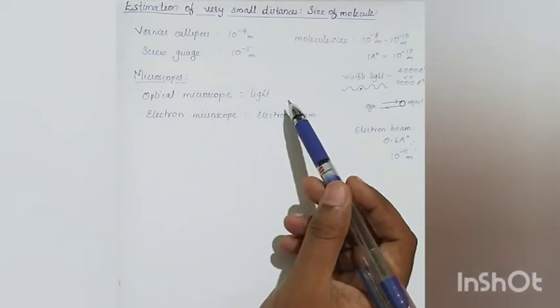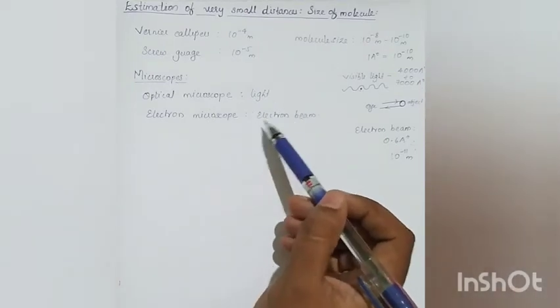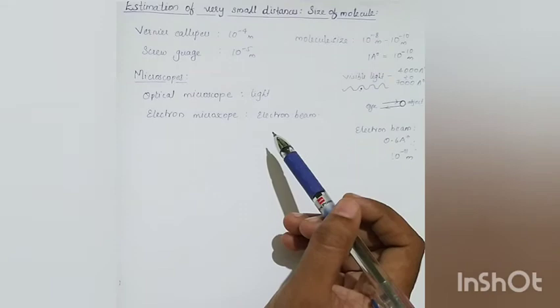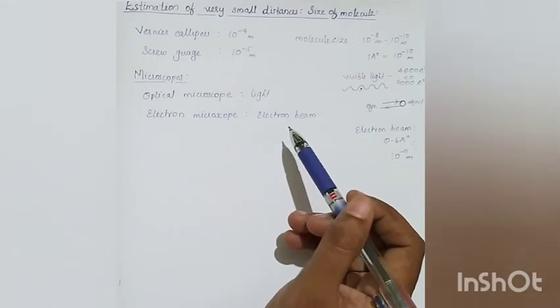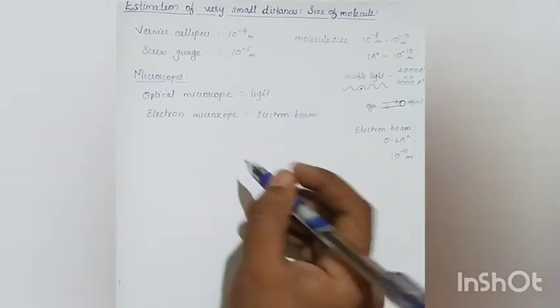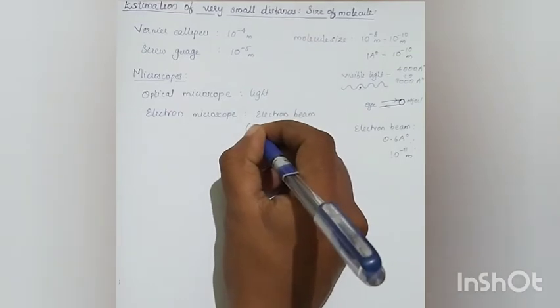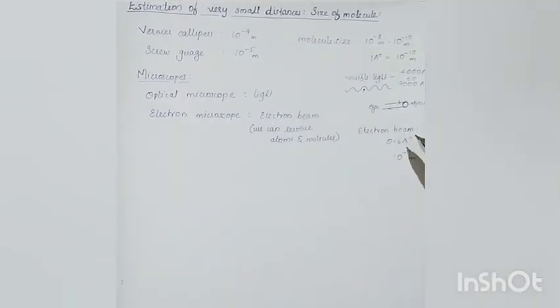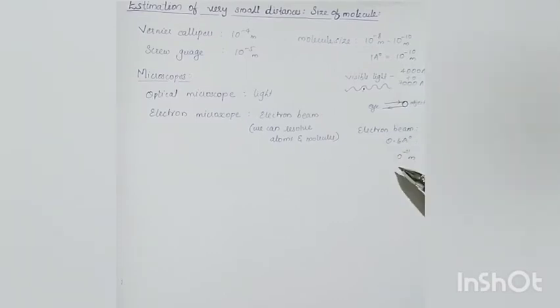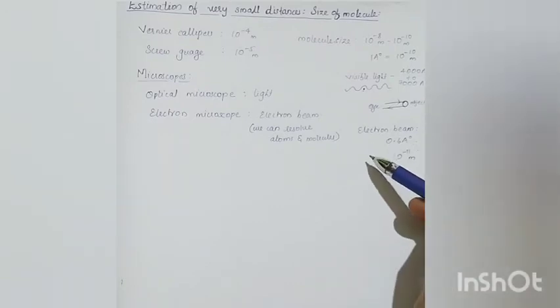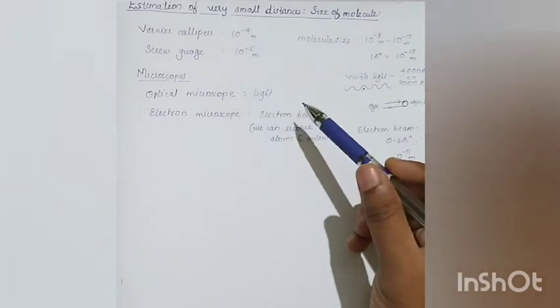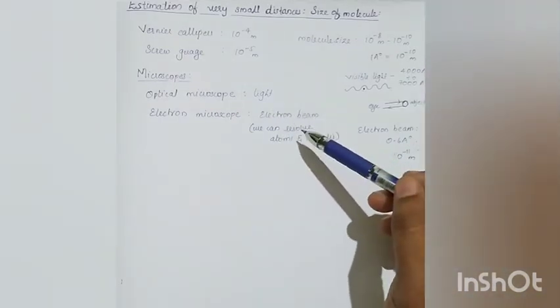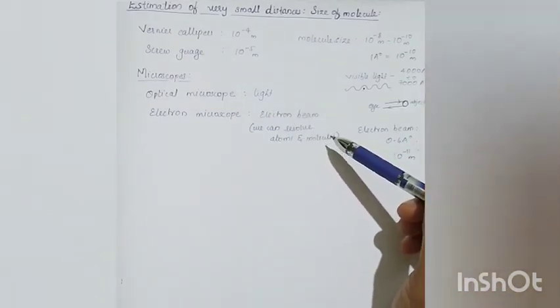It is smaller than that of visible light, which helps us get greater resolution. Using an electron microscope we can resolve atoms and molecules.